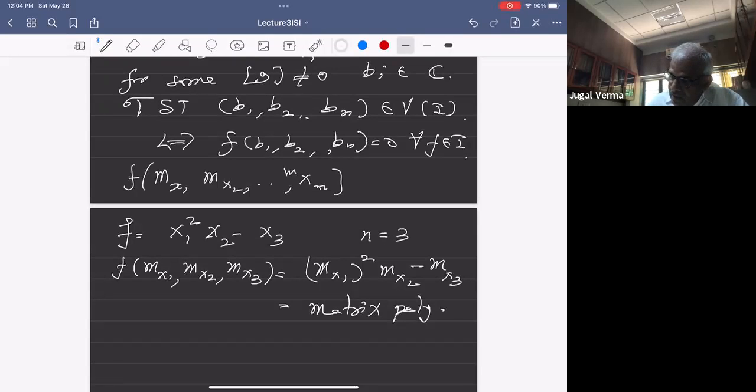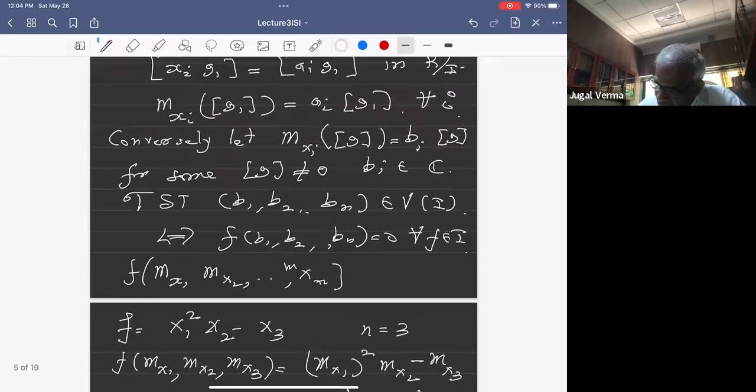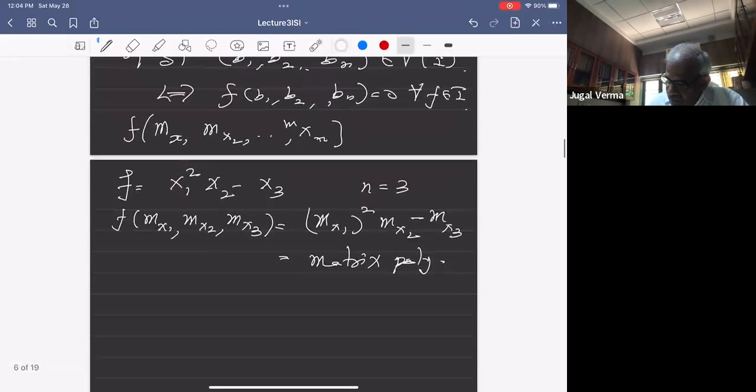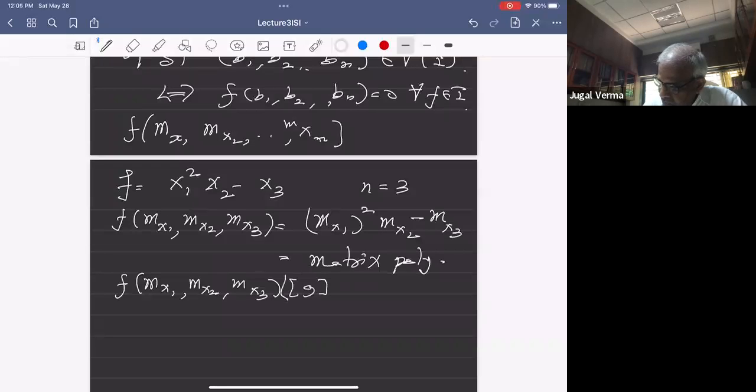So you see, what we have is a common eigenvector of all the m_xi's. If I operate this matrix polynomial on the same eigenvector, what happens? Take the one variable case.